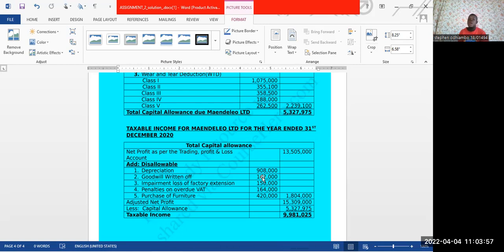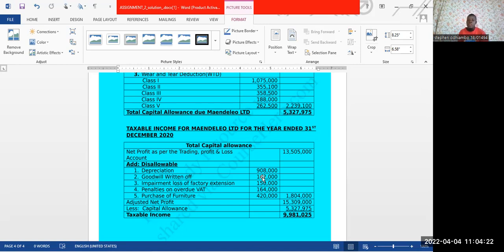Adjusted net profit is always net profit minus disallowable expenses. If you have any allowable expenses, you will also be deducting allowable expenses, and that is always the procedure for doing taxable income for capital allowances.